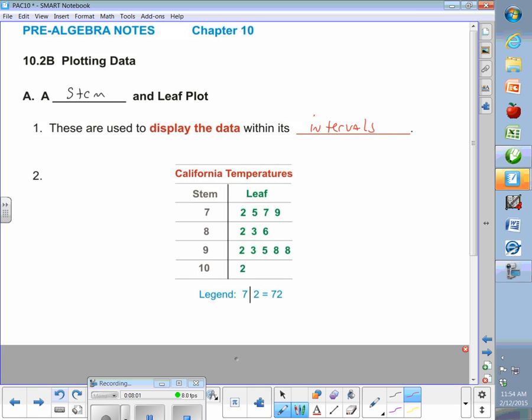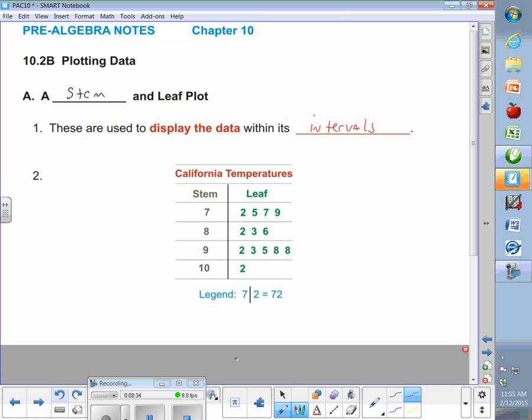Well, an A is an interval of 90 to 100. A B is an interval of 80 to 89. A C is an interval of 70 to 79. A D is an interval of 60 to 69, and then anything below 60 is no good, and you don't want to be there. Those are intervals. And so a stem and leaf plot is used where the intervals matter, and we want to know about the intervals.